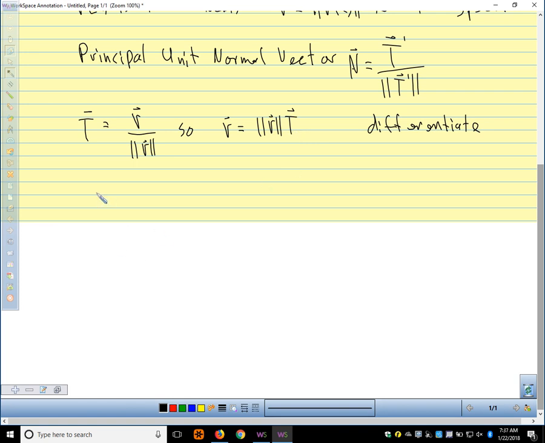So the derivative with respect to time of v of t, which we'll write as a of t, acceleration, is the derivative of the speed with respect to time times T, plus the velocity times the derivative of T with respect to t.